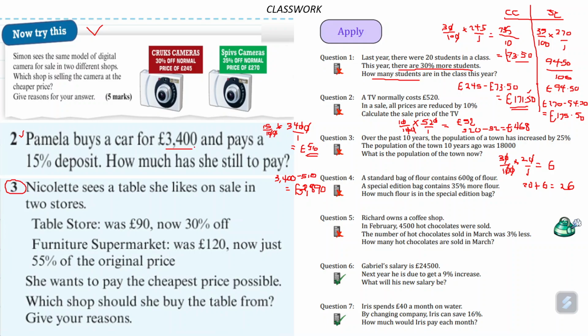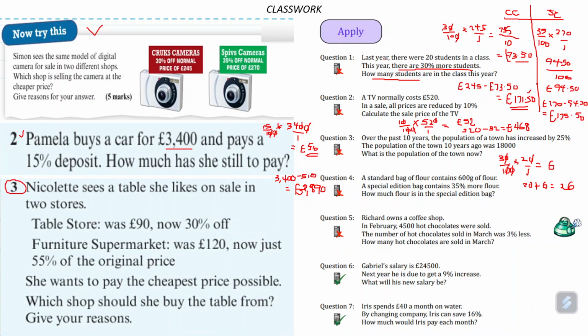Then number 2, we said Pamela buys a car for this. How much does she still have to pay? We found the 15% of 3,400, which is 510, as the deposit she has paid. So you take it from the original amount, and the balance Pamela needs to pay is 2,890.